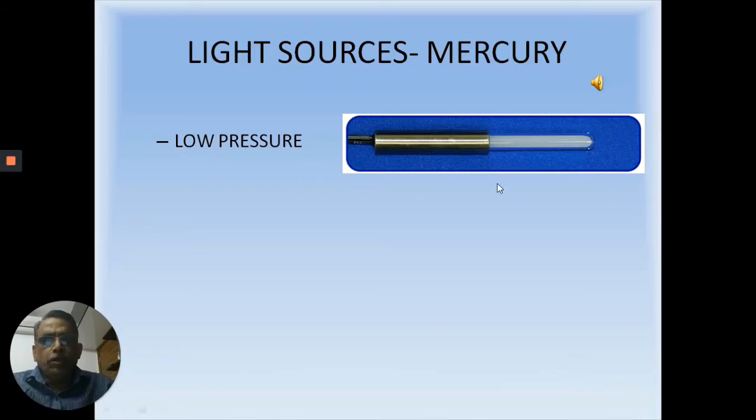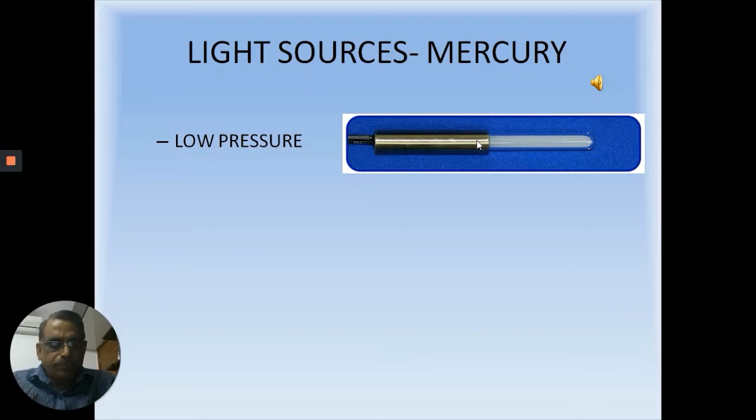If you want to filter the UV light out, you can put a UV filter jacket on it, and you will get visible light, which gives 365 and other visible lines. Out of the visible, 365 is intense, the others are weaker. Overall, this is a low intensity mercury lamp which can be used for calibration of spectrometers and so on.